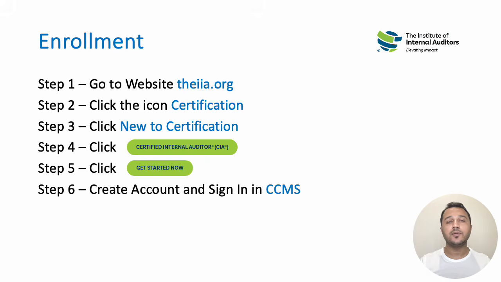If you are intending to go for the CIA, you will click on CIA, and from there you will find a lot of instructions on the steps to get enrolled. You will also have a candidate handbook which provides a great overview of the key eligibility criteria, exam fee, and other details.